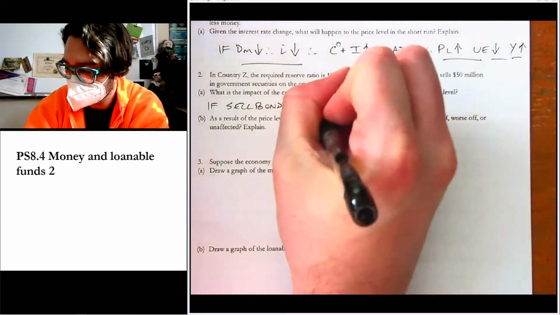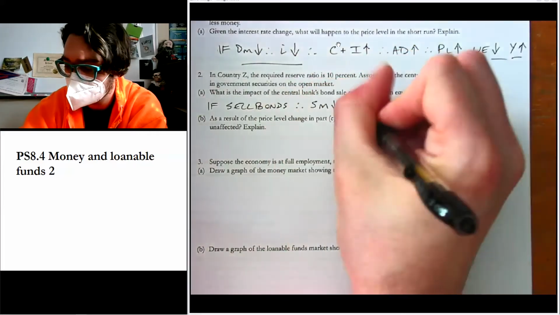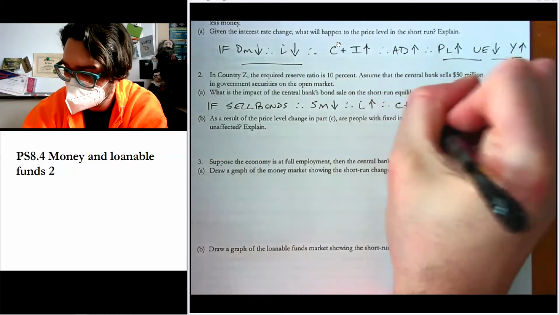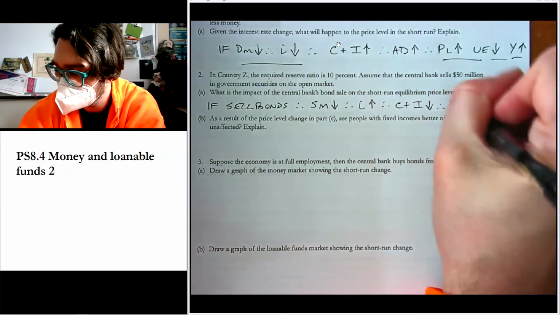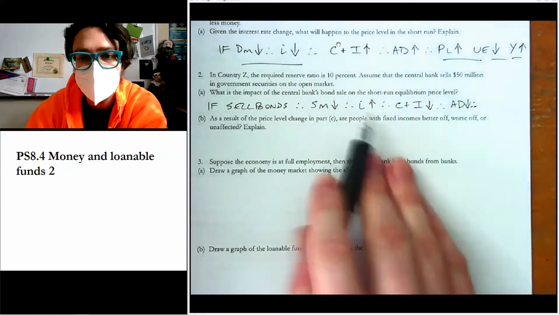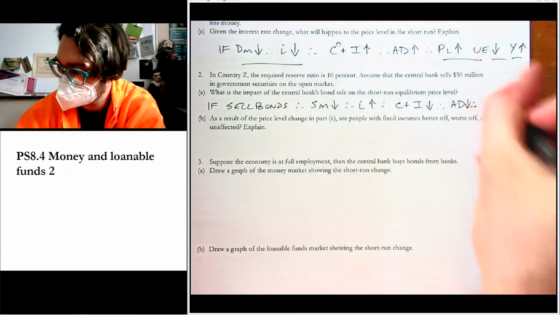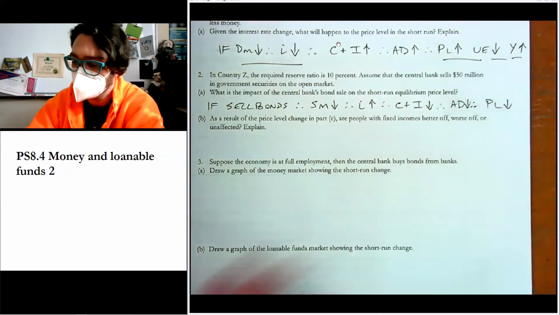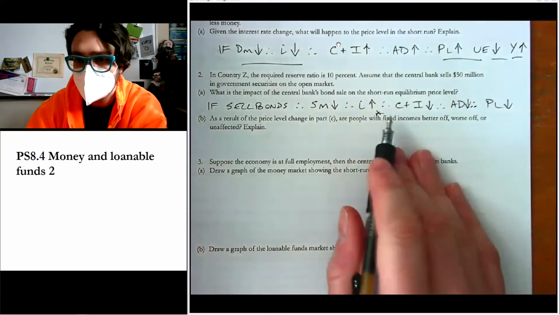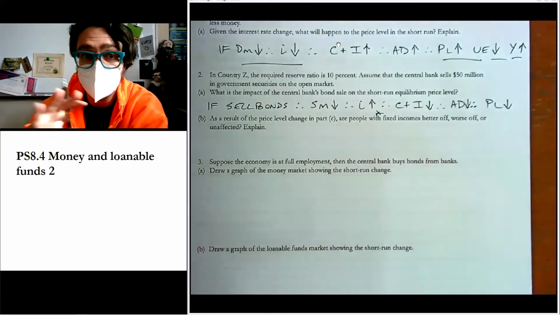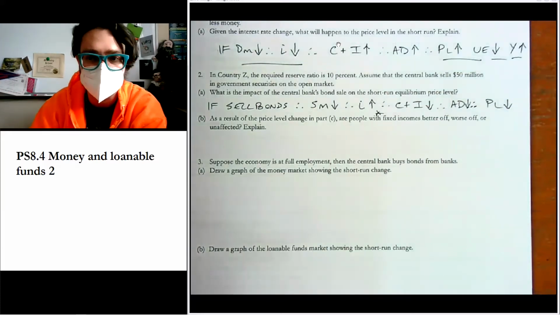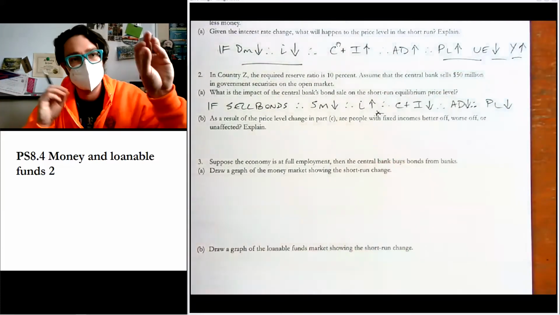We'd say here the supply of money decreases, so interest rates go up, therefore consumption and investment fall, therefore AD falls. And what is it asking for price levels in this one? Price levels would go down. Everything after this link in the chain is all review from Unit 7. So if you need some practice with that, I would encourage you to go back and take some of those practice quizzes, because it's linking chains of thought together.